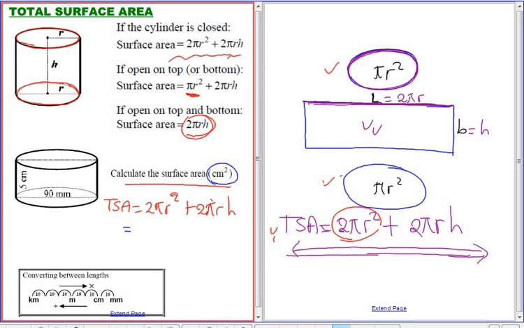So firstly, you are moving from millimeters, you would like to go to centimeters. From what we said, if you're moving in that direction, you have to divide. So you have to divide by 10. So it means these ones right here are 9 centimeters. But that on its own is the diameter of this cylinder.